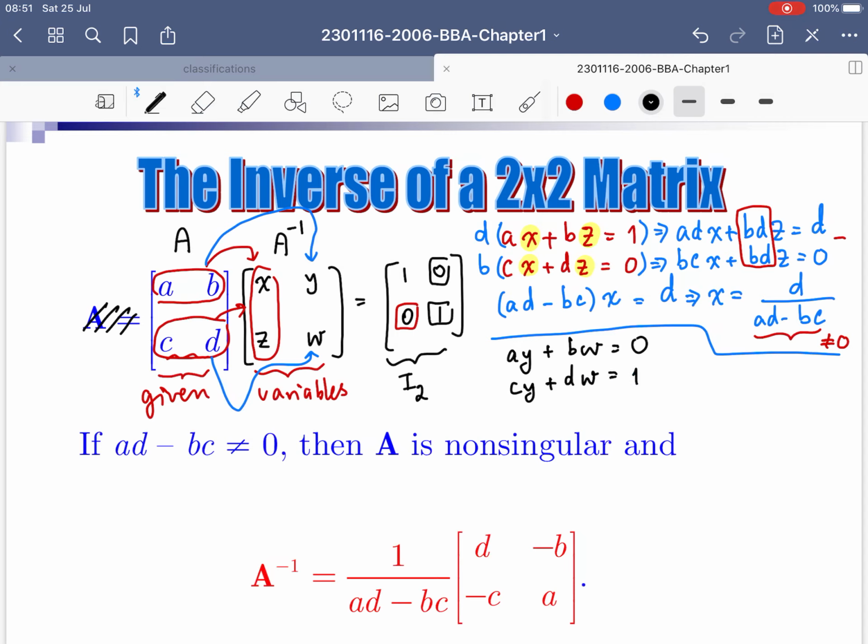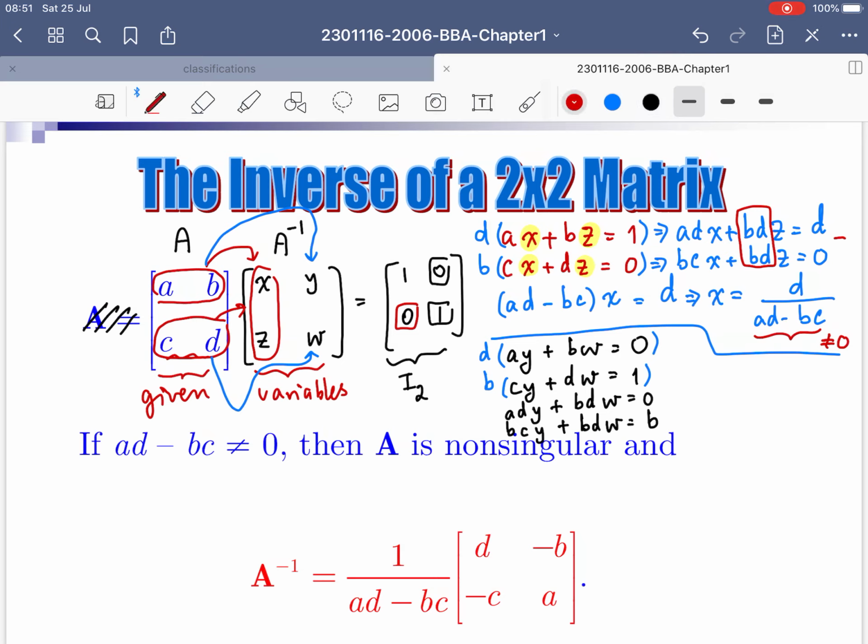Again, can we just get rid of the W? If you want to get rid of the W, then you can multiply the first one by D, and you multiply the second one by B. By multiplying with D, what you end up with will be ADY and BDW equals to 0, and BCY plus BDW equals to B. Then let us keep doing it as previously.